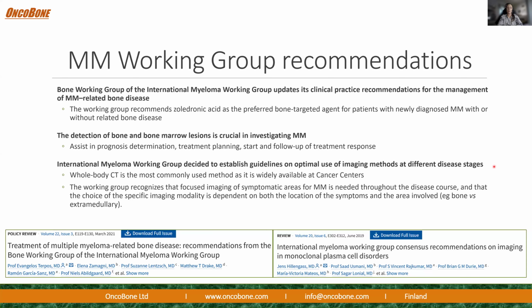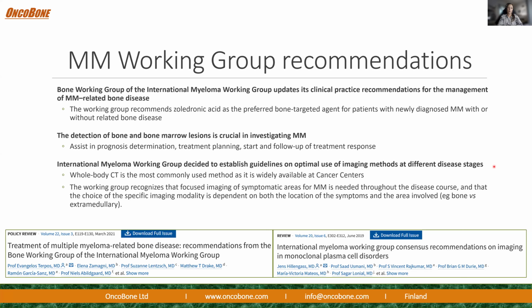So in principle, everyone who has multiple myeloma will develop bone disease as their disease progresses. So it is really important to protect their bones really early on so that we would be avoiding the situations and examples that you did see in the previous slide.